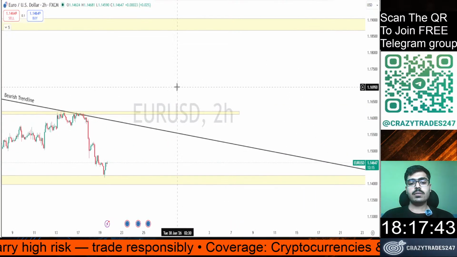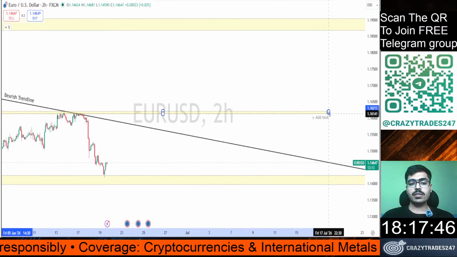And this would be the most important resistance on this price structure.